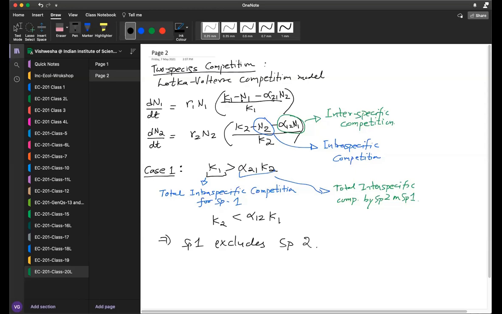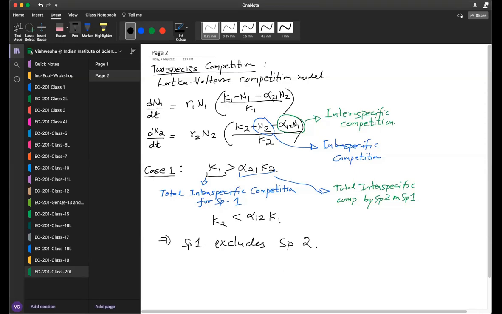N1 is very small anyway, so let's assume this is negligible. So the growth rate of species 1 depends on K1 minus alpha 2 1 N2. Imagine a scenario where only species 2 is present at its carrying capacity. I have introduced a small number of species 1 now. So N1 will be very small, but this is now alpha 2 1 K2. If K1 is greater than alpha 2 1 K2, that means the growth rate of 1 is still positive.